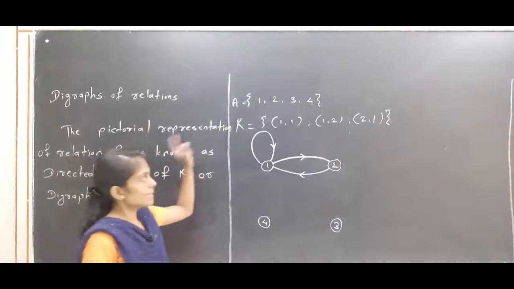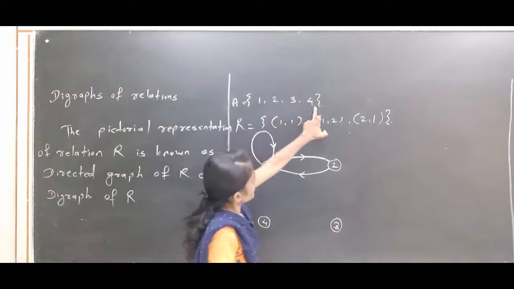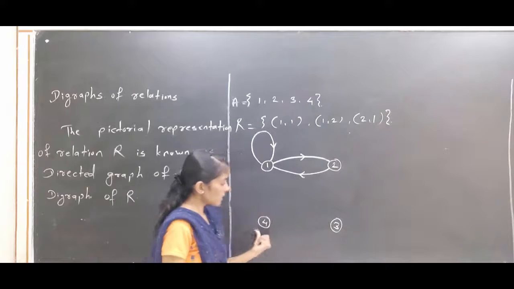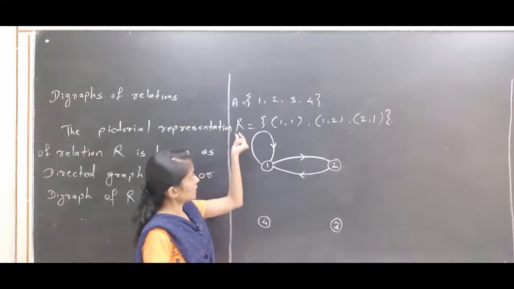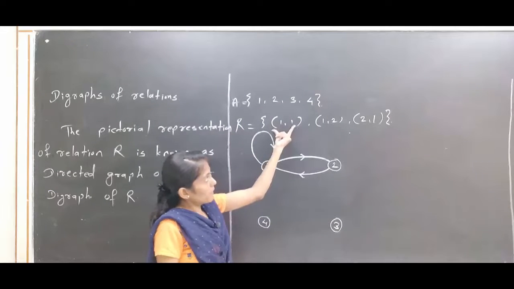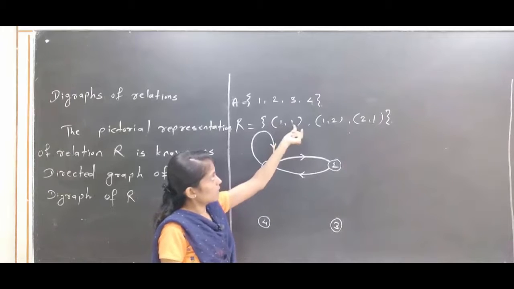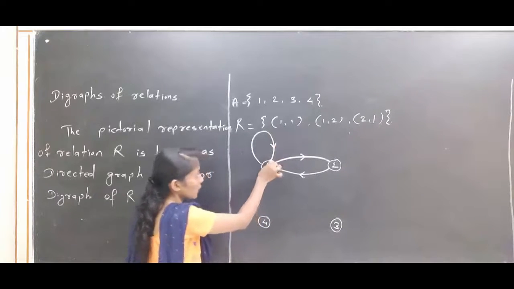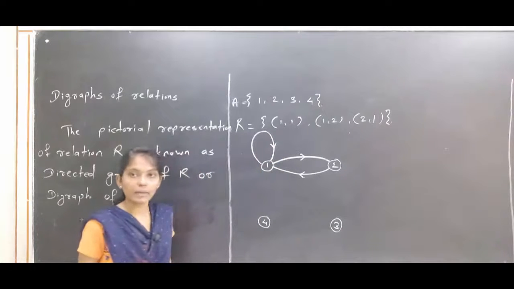Again, listen carefully. We represent the elements of the set by small circles and then the ordered pairs. Here 1 is related to 1, so we join 1 to 1 by an arrow.